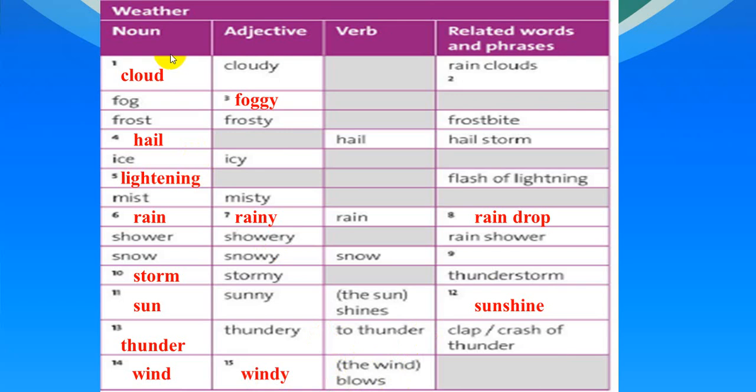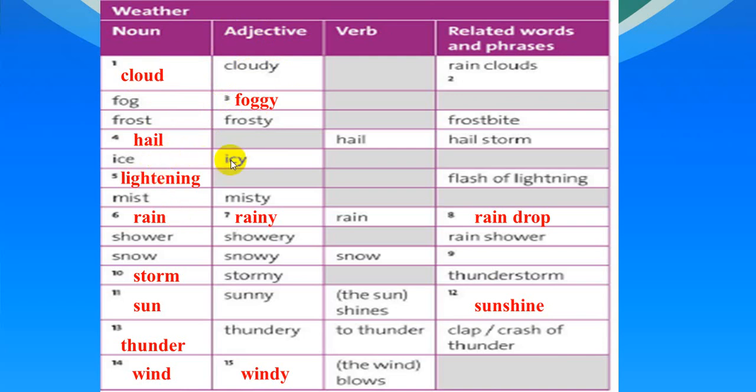So, now what do you notice? In the question they say what do you notice, when we do the word coinage. Well, I will tell you. We notice that when we want to derive the adjective from the noun we add y. Cloud, cloudy. Fog, foggy. Frost, frosty. Ice, icy.